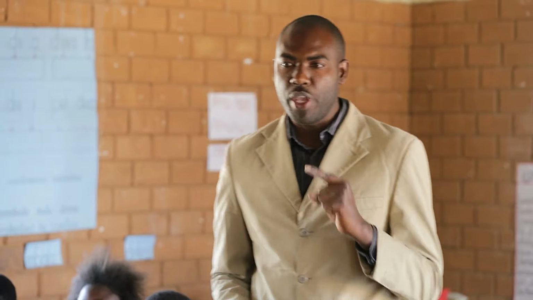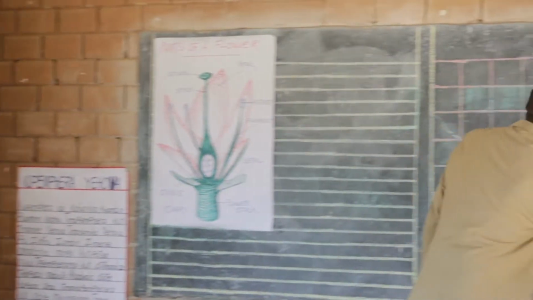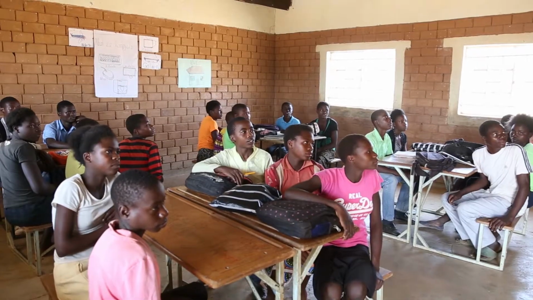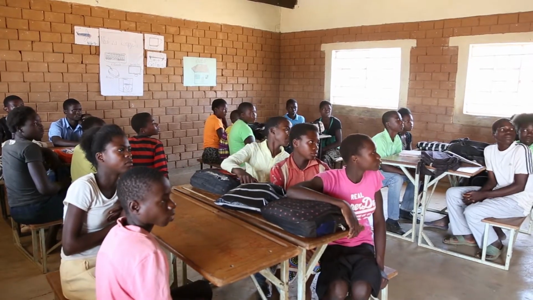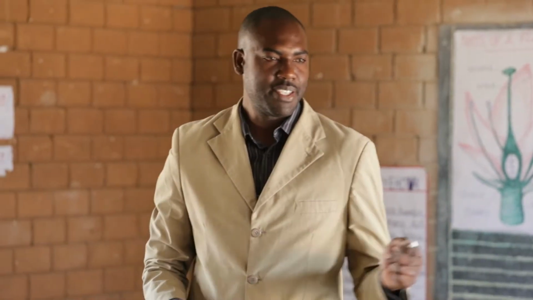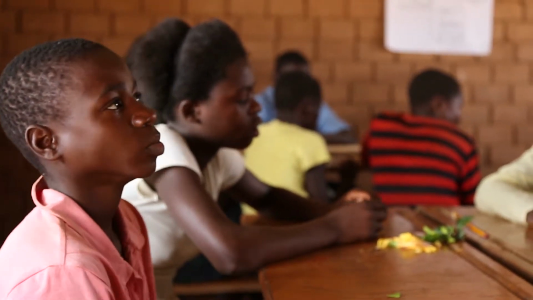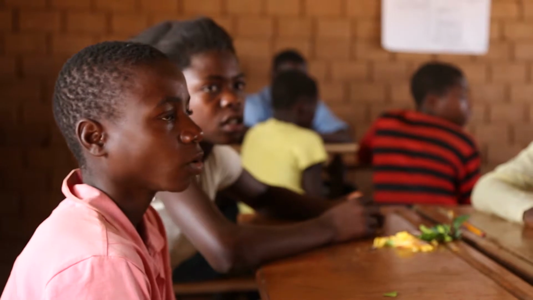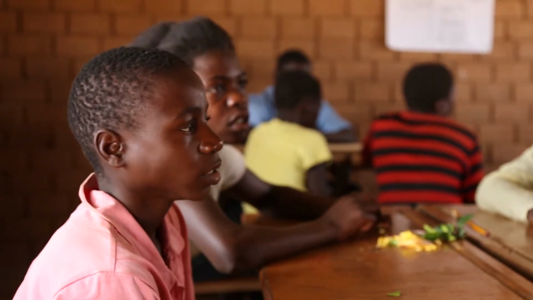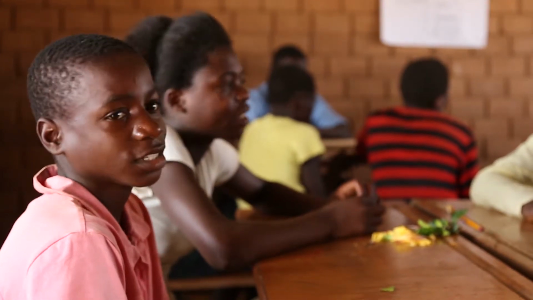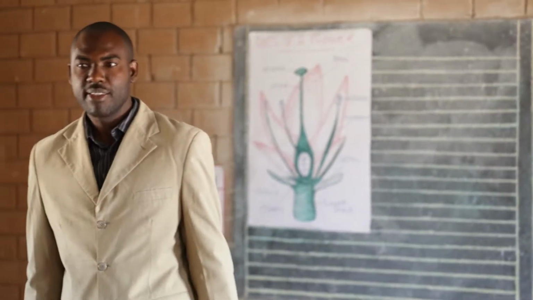The other question is, what do we mean by the term dispersal? Yes, Jeffias? When a seed is carried maybe with water or air, then it falls anywhere, it is dispersed. Okay, very good. Anyone else?